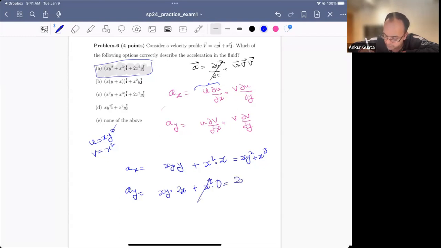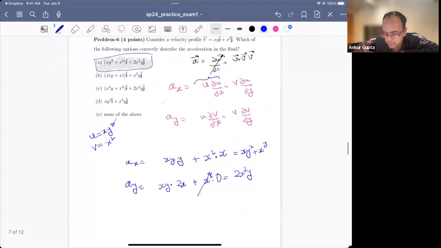So this becomes 2x squared y. So we get that the first answer, option A, is correct. Hopefully this is clear. Simple question on using the formula for local and convective acceleration. Easy enough. It's just some differential calculus.